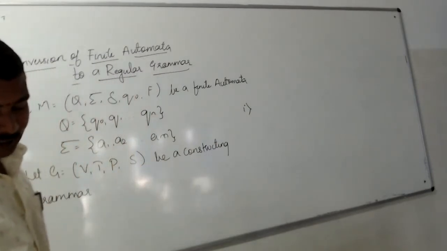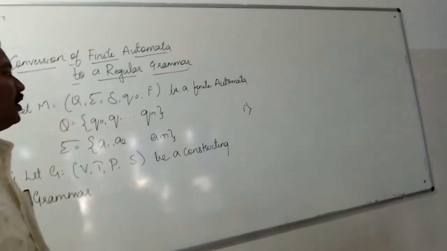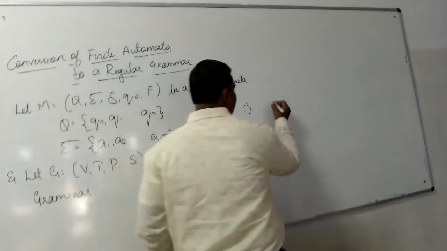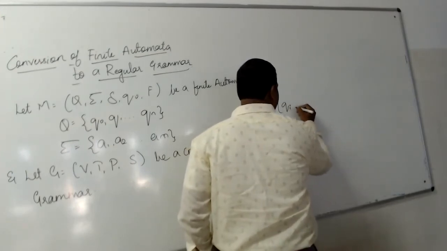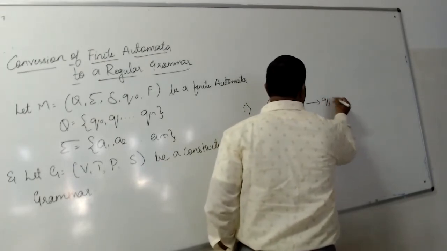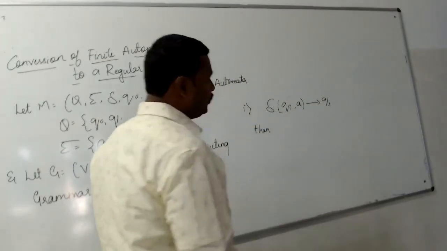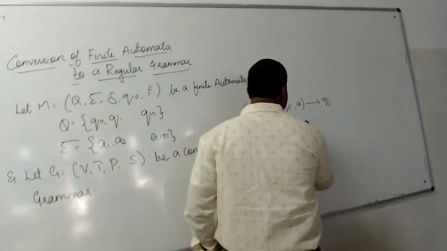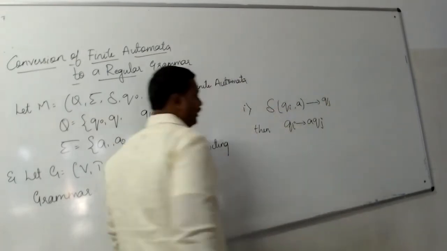If in your DFA there exists a transition from Qi upon A, it moves on to Qj, then we need to introduce a production Qi tends to A Qj.